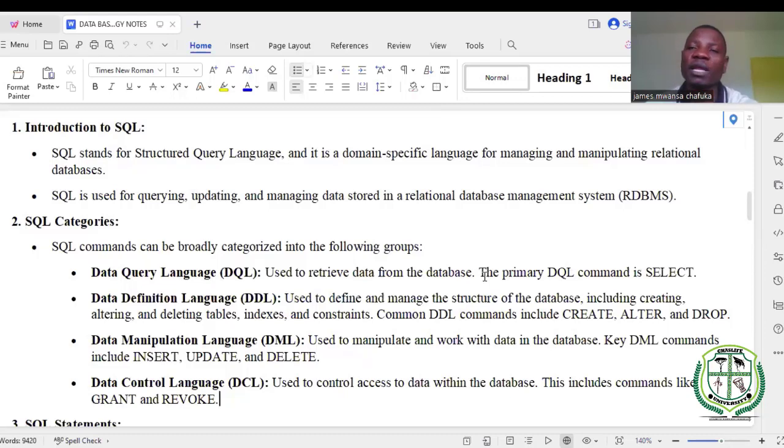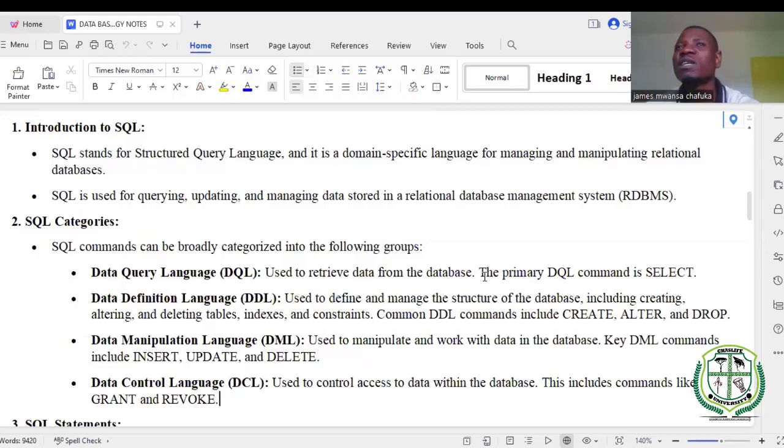And then apart from that, we also have another category of SQL, which is data definition language. This one is used to define and manage the structure of database.